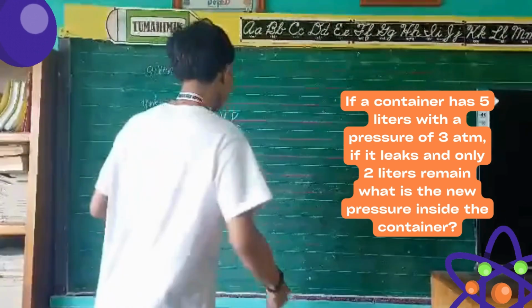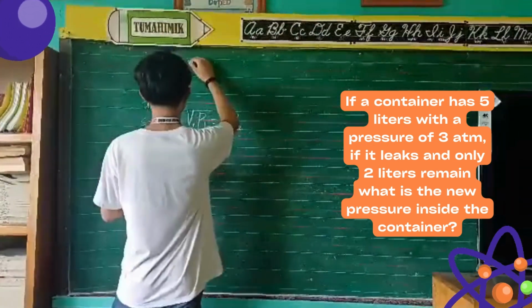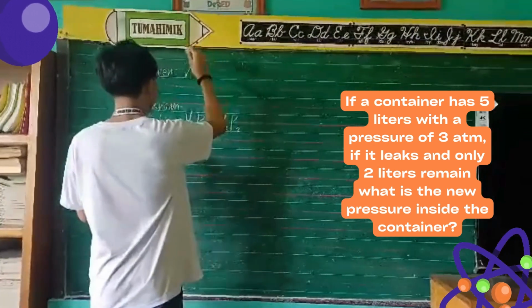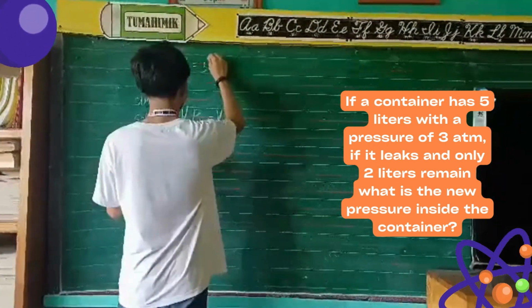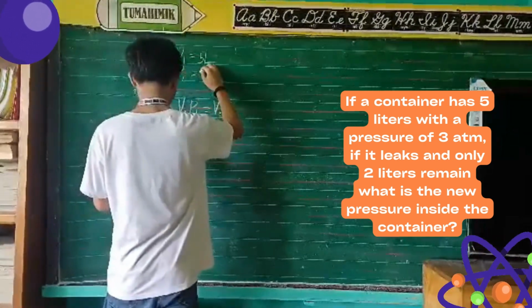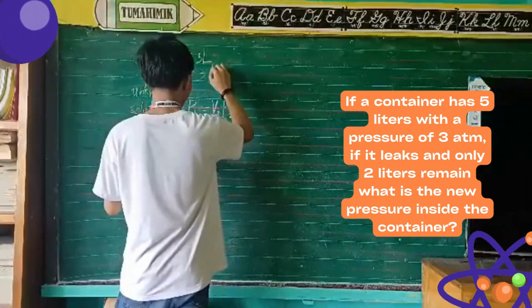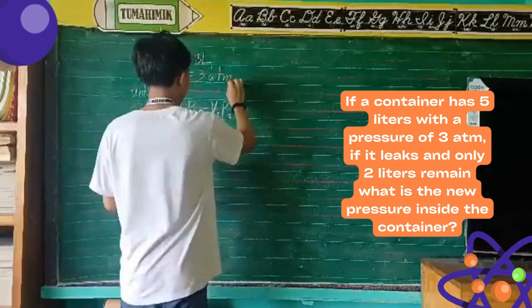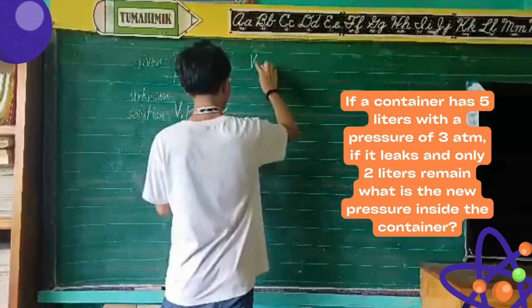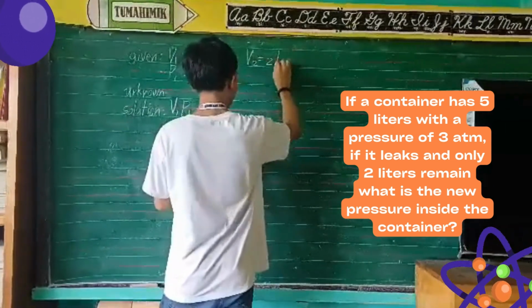Now, for our second example, we just need to repeat what we did for the first. So, for the initial volume, we have 5 liters. The initial pressure, we have 3 atm. And for the final volume, we have 2 liters.